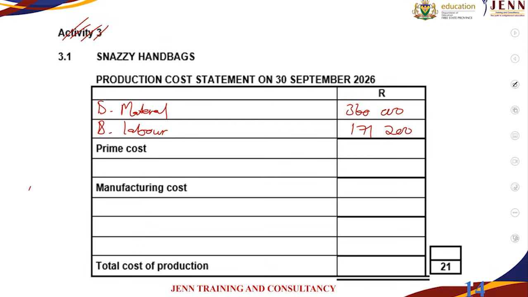To calculate the prime cost, we are simply going to say 360,000 plus 171,200. Then it will add up to 531,200. Now remember, the factory overheads must also be here.